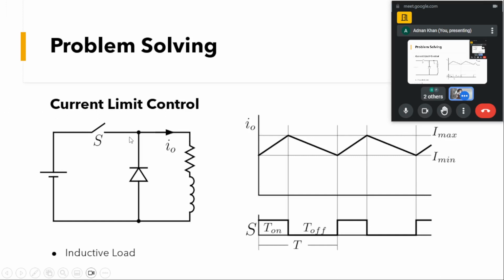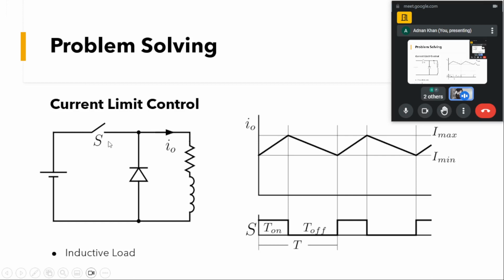Let us take this circuit. We have a switch, like a buck converter cell without the inductor. We have a load that is inductive and resistive.